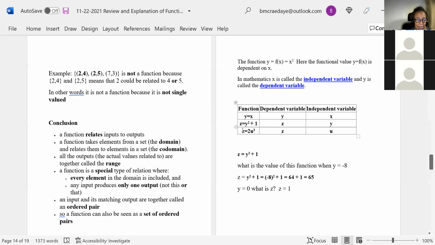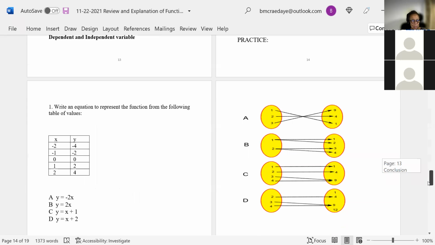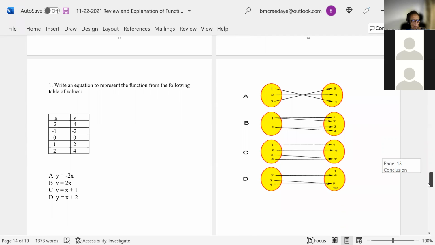Like here, I could have said f of u equals z equals 2u to the third. So it's what we've been doing all the time, except function notation is a different way of representing the equation. Okay. All right, let's look at our next screen.